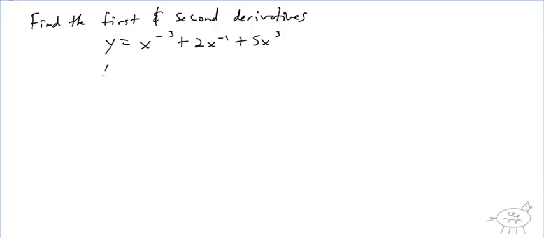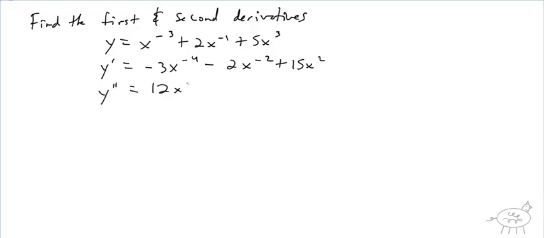Okay, so we're going to do y prime is equal to negative 3x to the negative fourth minus 2x to the negative 2 plus 15x squared. That's pretty easy. And then y double prime, second derivative, is going to be 12x to the negative fifth plus 4x to the negative third plus 30x. Okay, so hopefully you got that right.